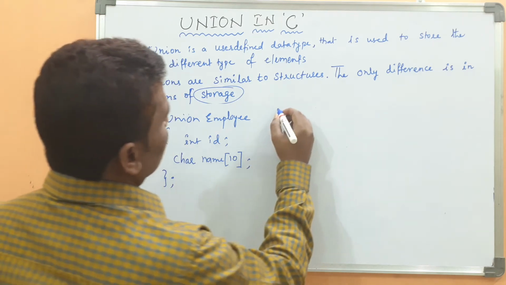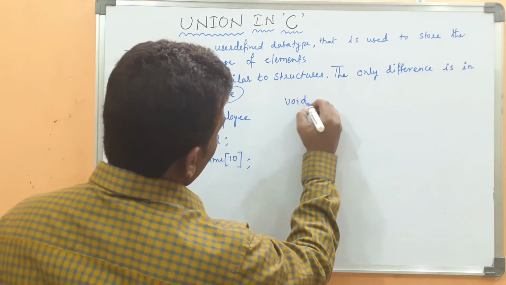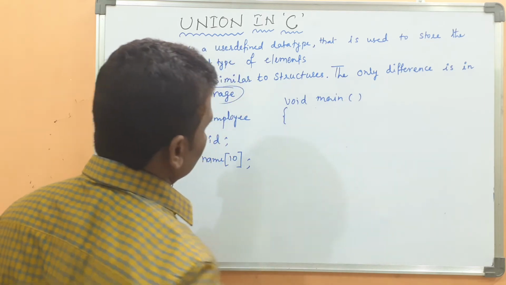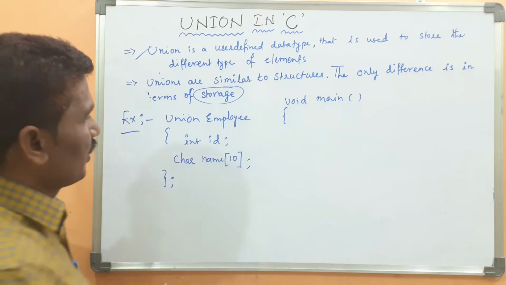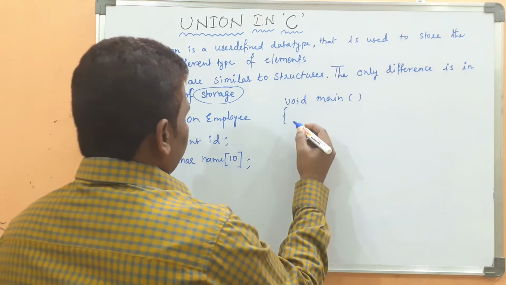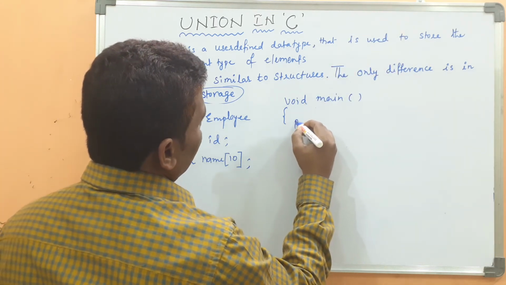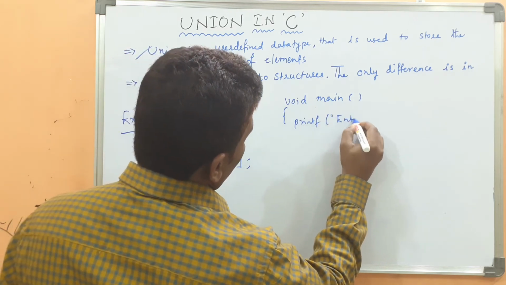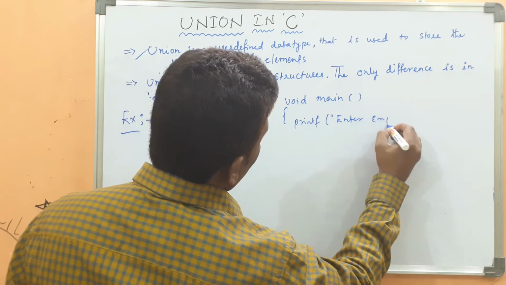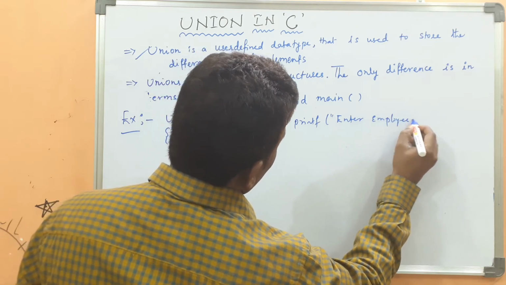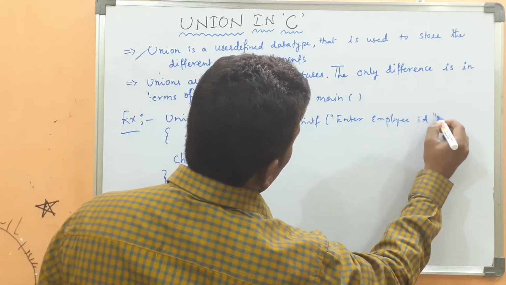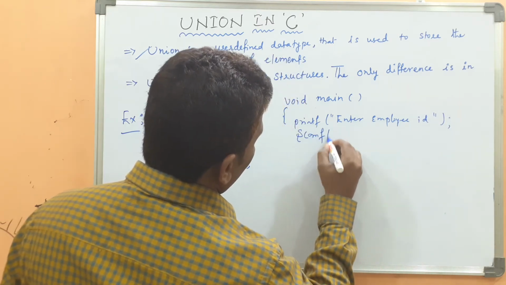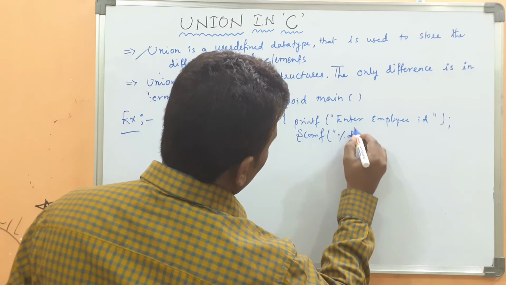Then void main, printf enter employee id, scanf %d.